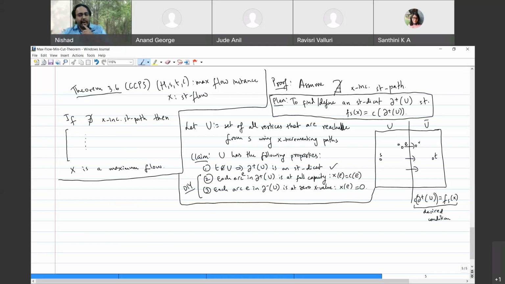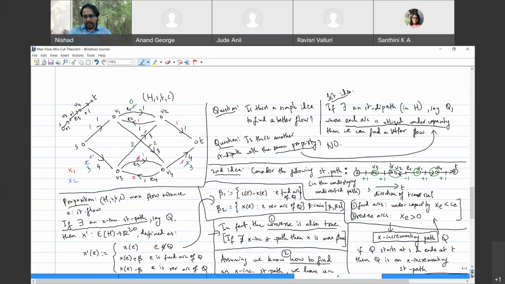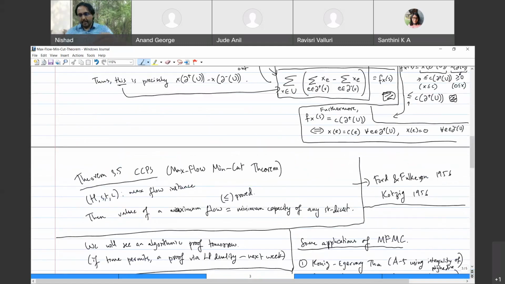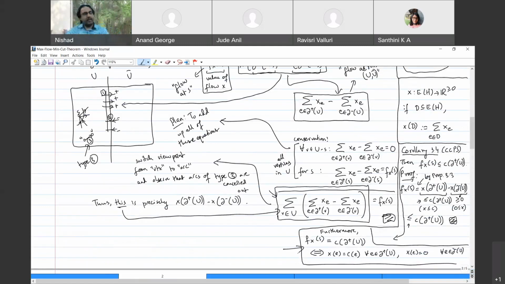But now what do we know? If these two properties hold, what can we say? Let us go back to our corollary that we stated, the strengthening of the corollary.